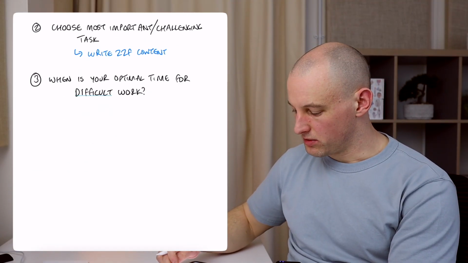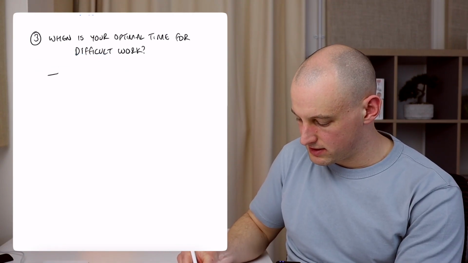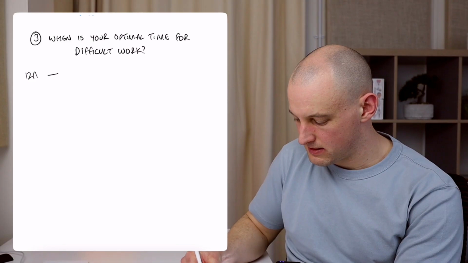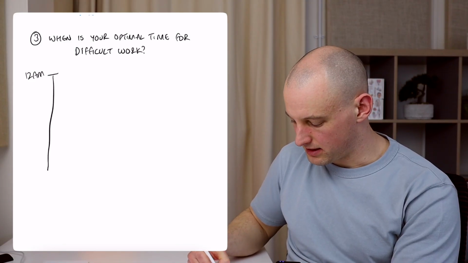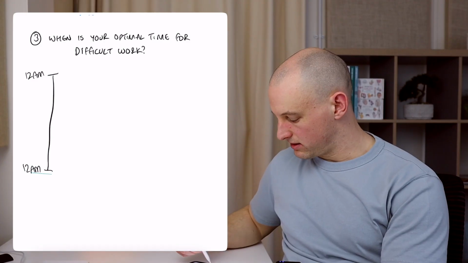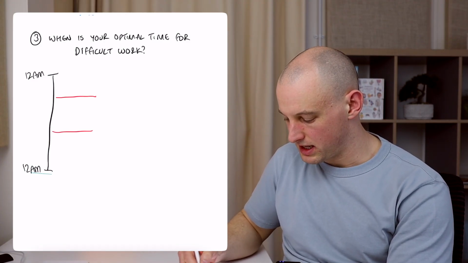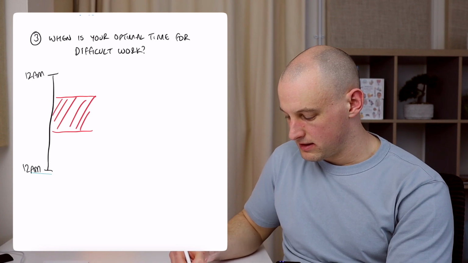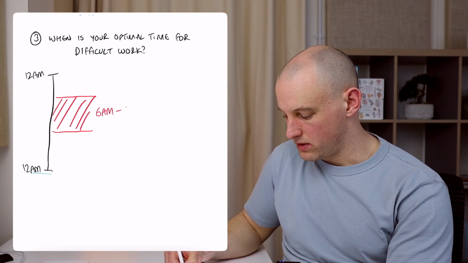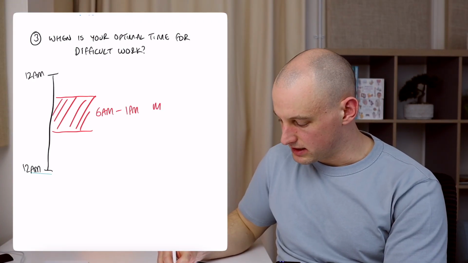So what that looks like for me is I have, say, 12 a.m., and then there's a timeline until 12 a.m. And so from about 6 a.m. until 1 p.m., 6 a.m. to 1 p.m., this is for me the most productive.